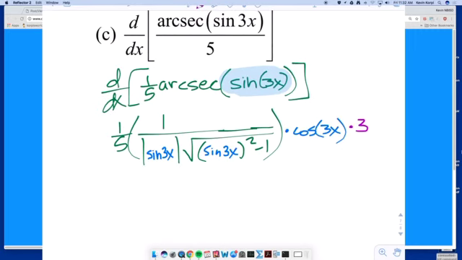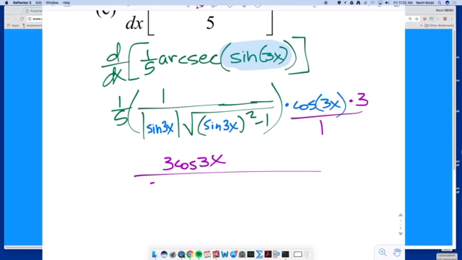So now, putting it all together, cleaning it up, it looks like I'll have a 3 cosine of 3x in the numerator, because that's all over 1. I'll have a 5. Can I just drop the absolute values around the sine of 3x? No. The only time you could drop them is if what is inside is already positive everywhere on its own.